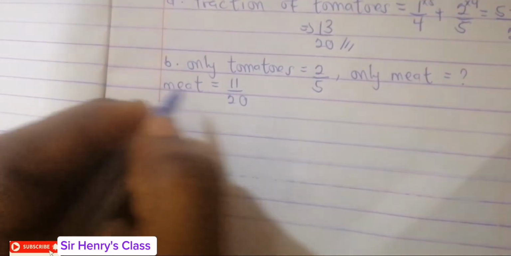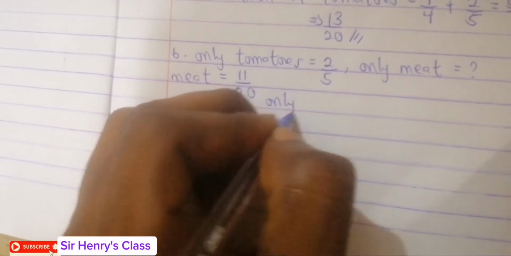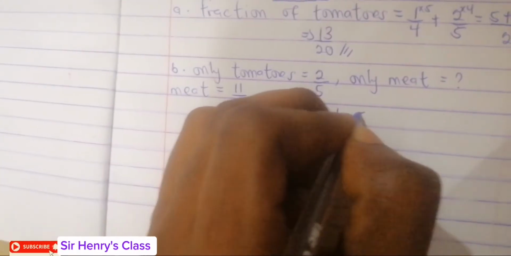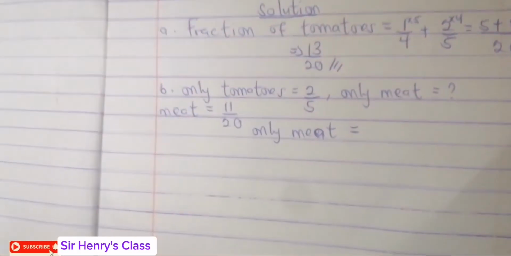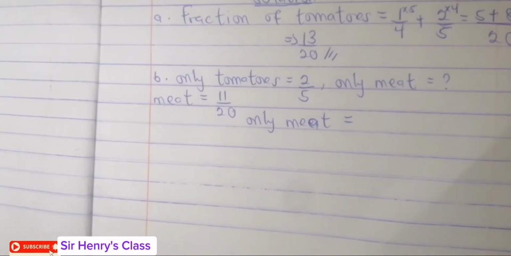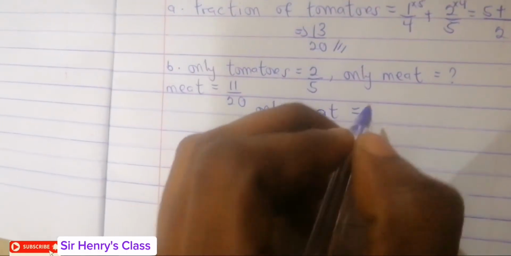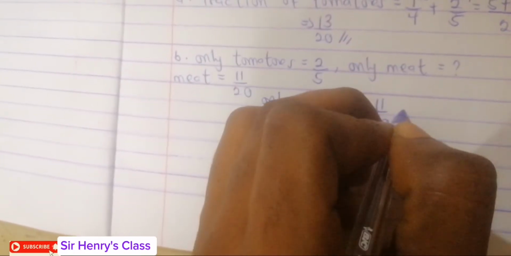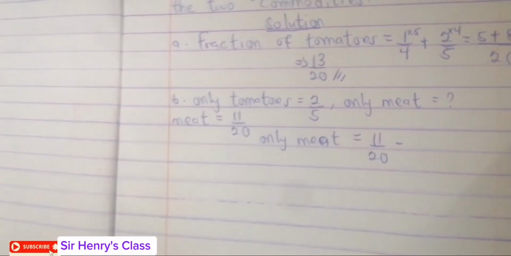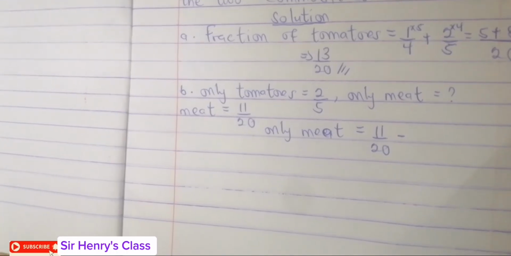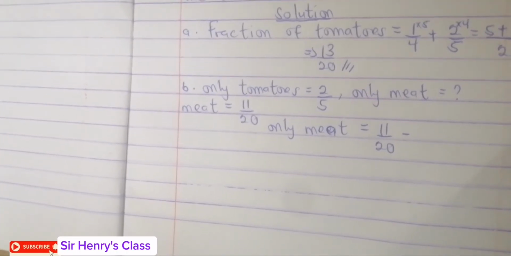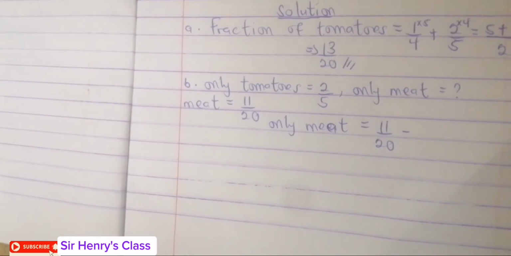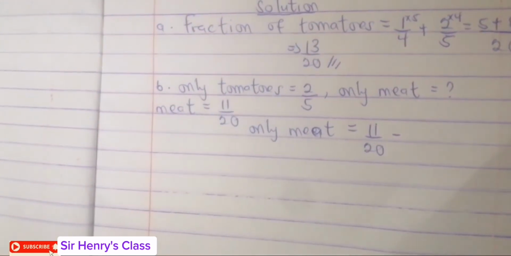So only meat is equal to, how do we find those who sell only meat? It is very simple. We just subtract those who sell both meat and tomatoes from those who sell meat as a whole.